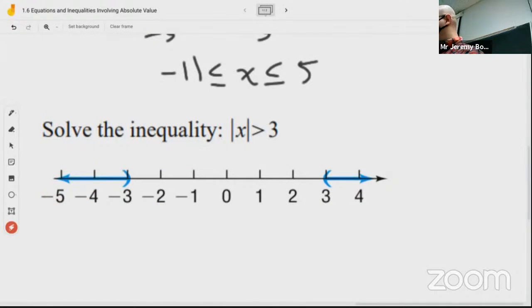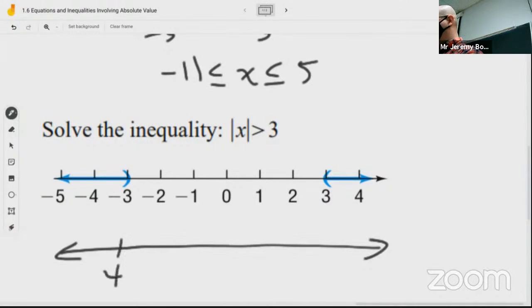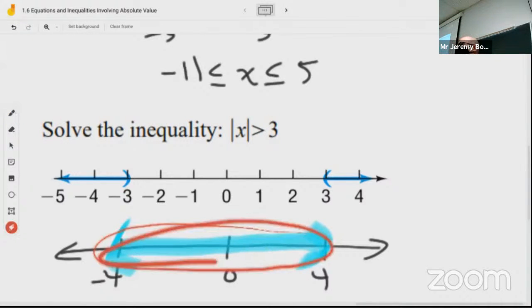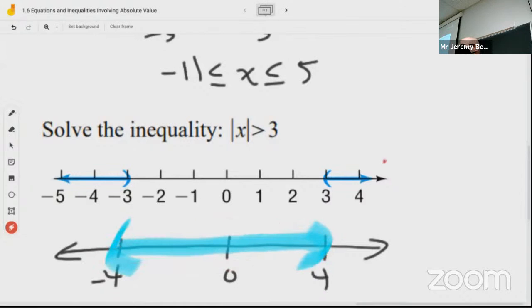On the 4 one, I'll draw it real quick. It's all one interval, right? But for this one, it's 2 separate intervals. Okay.